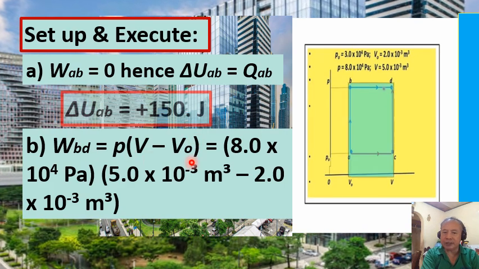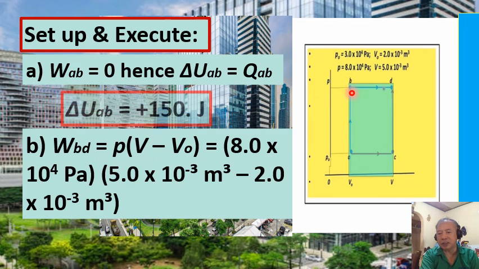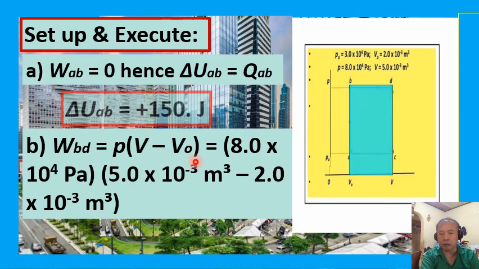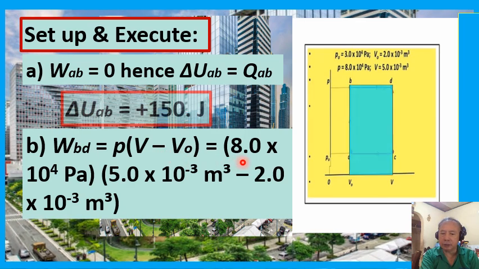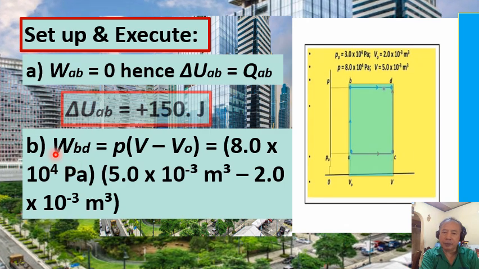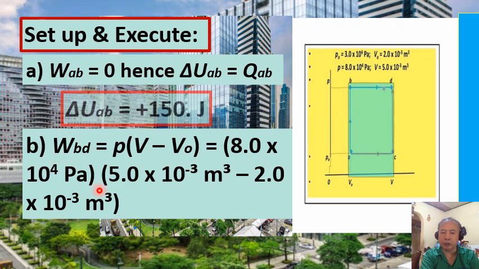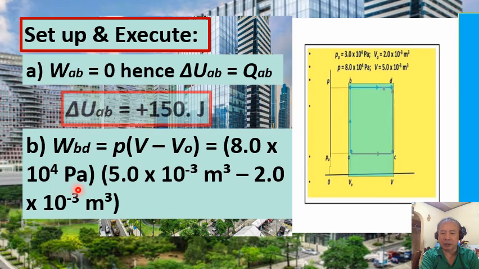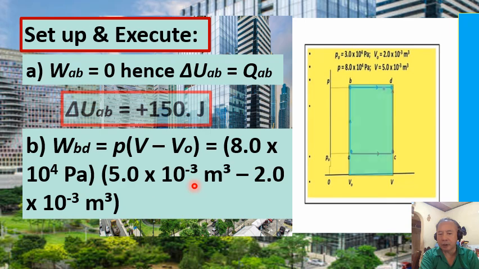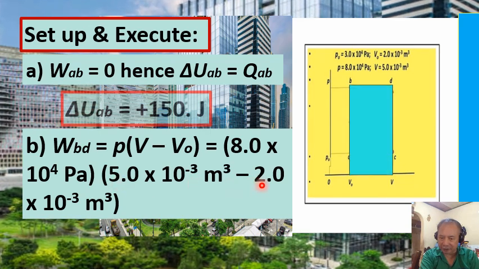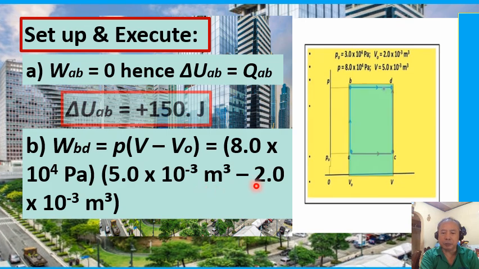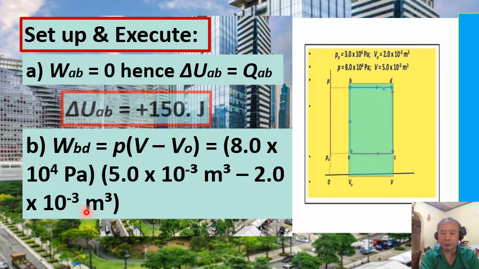The formula is simply multiplying this constant pressure P by the change in the volume, capital V minus V naught. And when we substitute the given quantities, we have W sub BD equals 8.0 times 10 to the fourth power Pascal times the difference in the volume, 5.0 times 10 to the negative 3 cubic meter minus 2.0 times 10 to the negative 3 cubic meter.